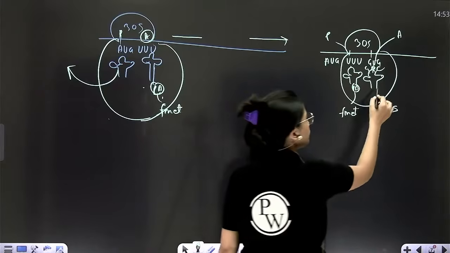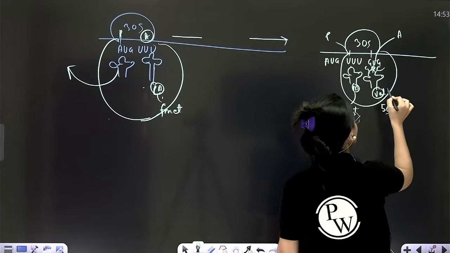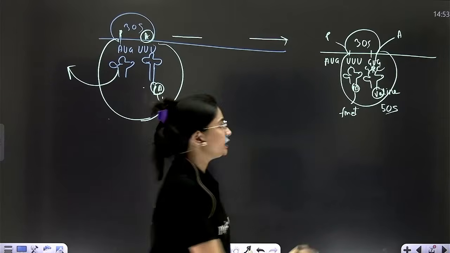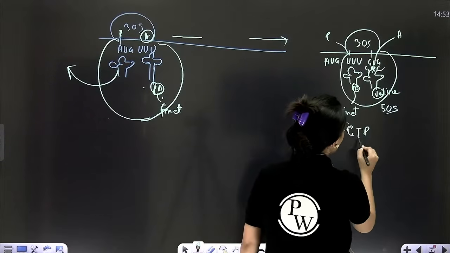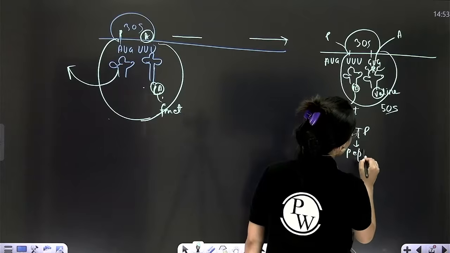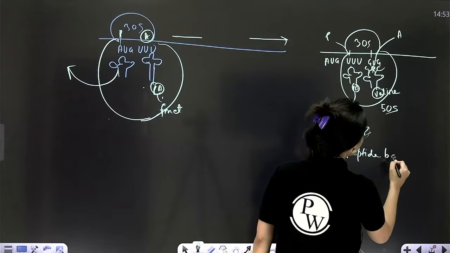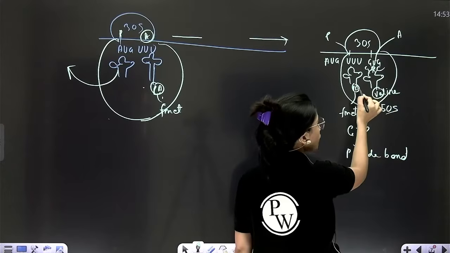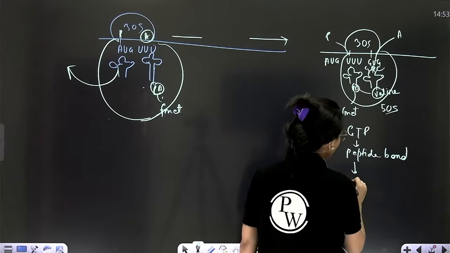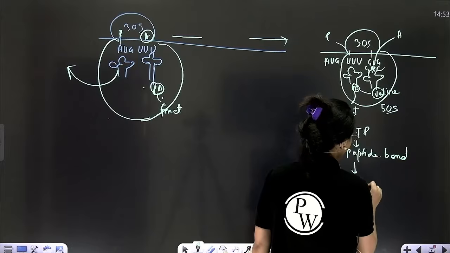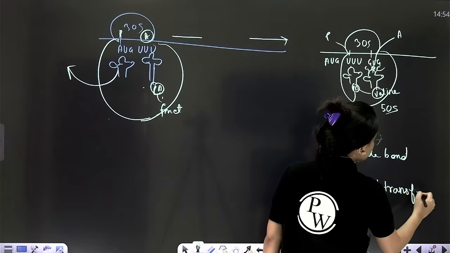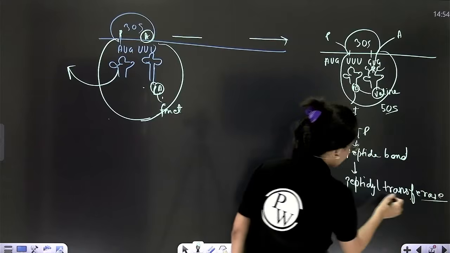So this is going to bring the valine amino acid. Again the same thing will take place with the help of GTP. A peptide bond will be produced between the carboxyl group of phenylalanine and the amine group of valine, catalyzed by the peptidyl transferase enzyme that is produced with the help of 23S rRNA.